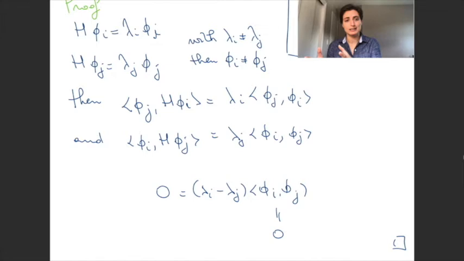So if we take a difference between the two equations, then the first column disappears, while the second column, the lambda, we retrieve lambda i minus lambda j times the inner product of f_i and f_j. So the eigenfunction associated with lambda i and the eigenfunction associated with lambda j. But we have said that lambda i and lambda j are different, so the first term cannot be equal to 0, so the second term must be equal to 0.